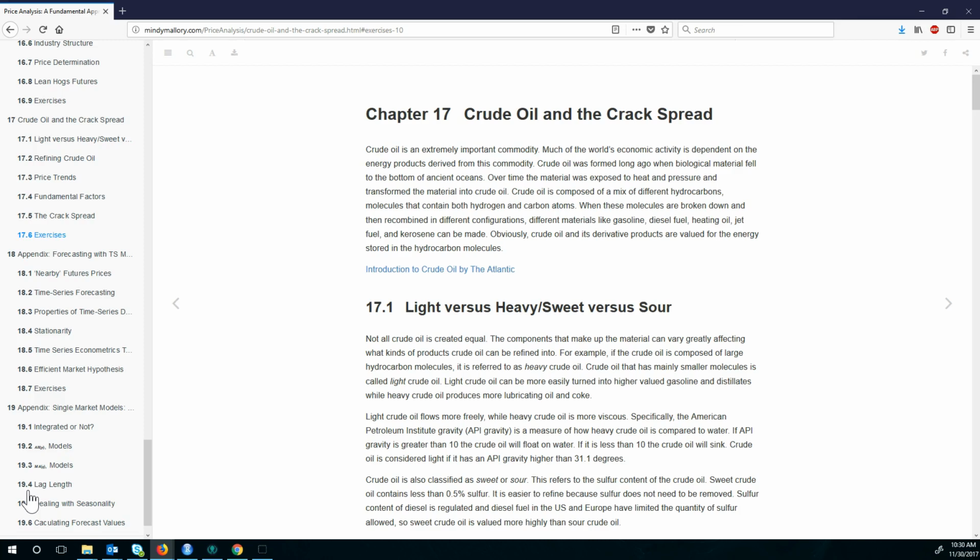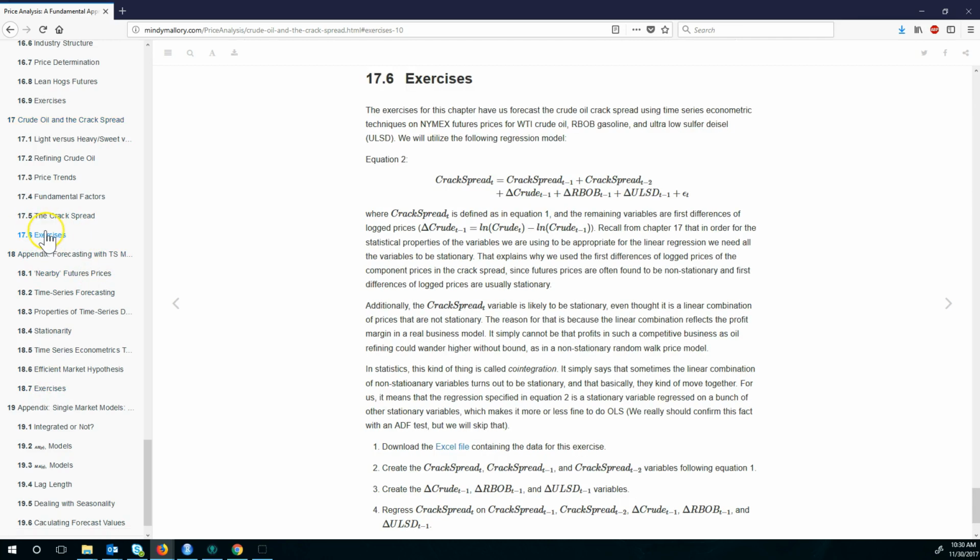We are in chapter 17 now, the final real chapter of the book, and we are going to be doing a few videos on the exercises from this chapter. So let me navigate down there. What we're going to try to do is use a really simple regression model to forecast the crack spread. But it's going to be a little bit different setup than what we used to forecast hog prices in the last chapter.